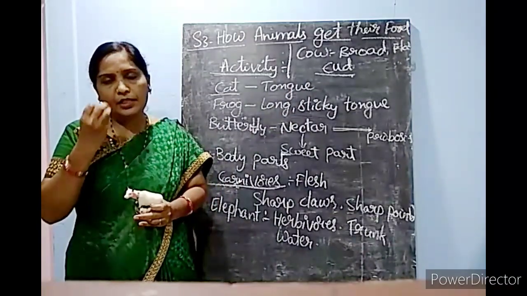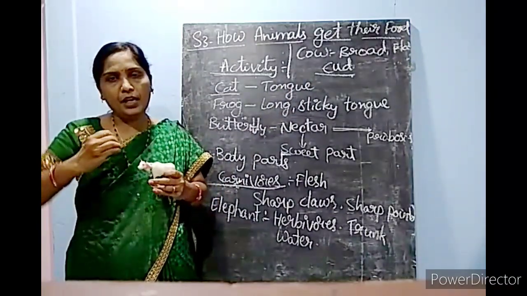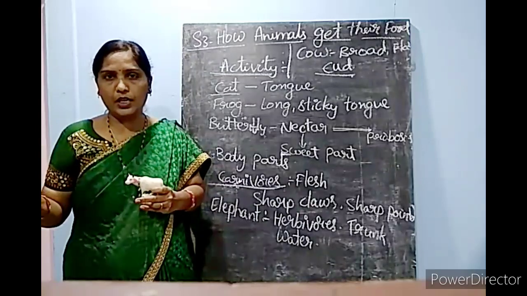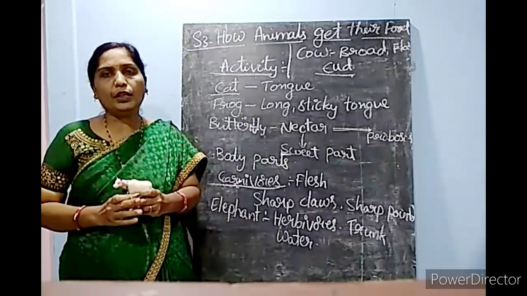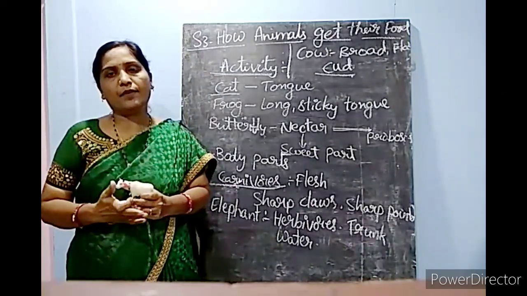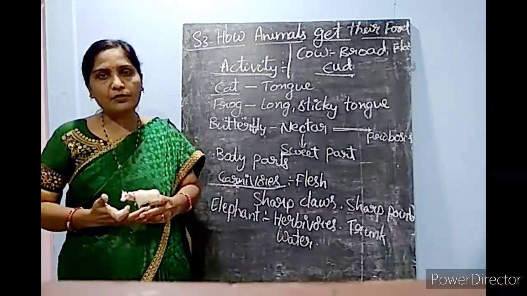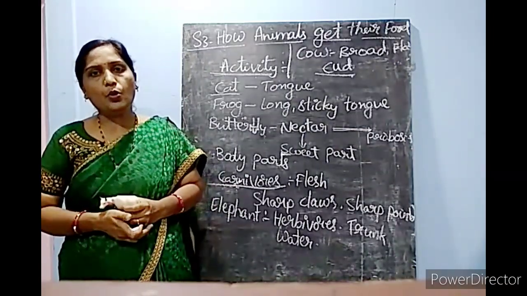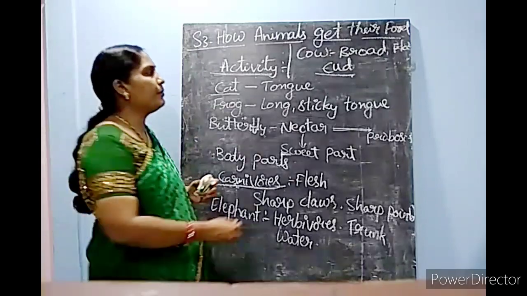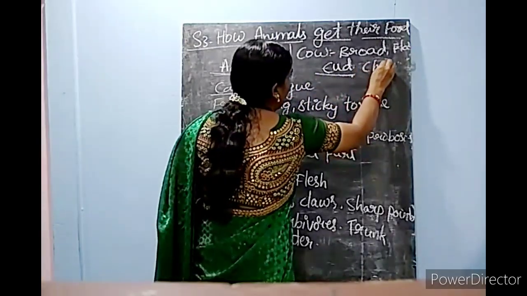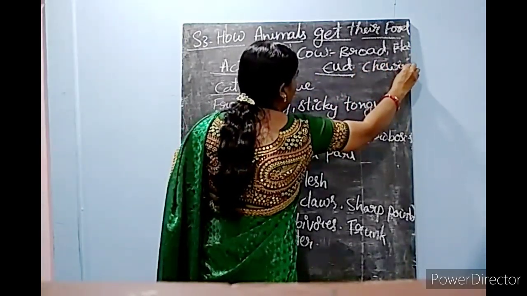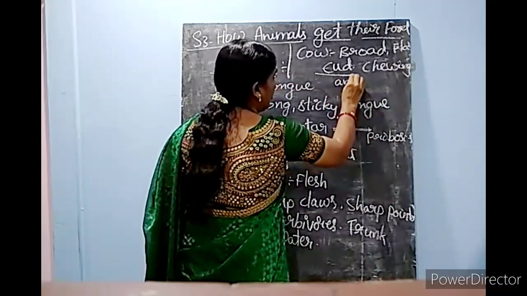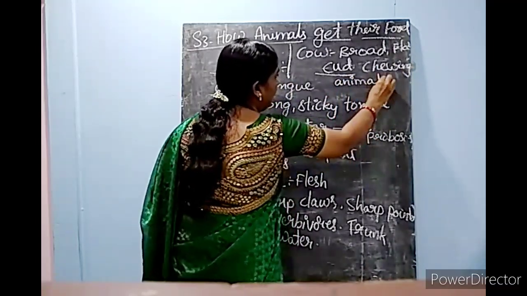When the cud comes into the mouth, the cow again goes for chewing slowly. After completely chewing the cud, it again swallows the food. That's why the cow is also known as a cud chewing animal. Why are we calling it a cud chewing animal?